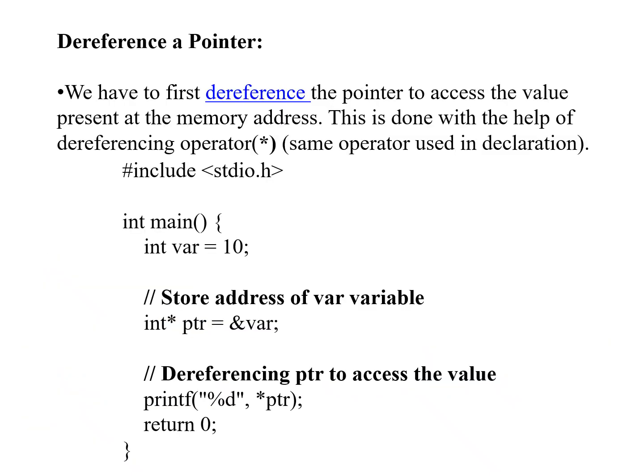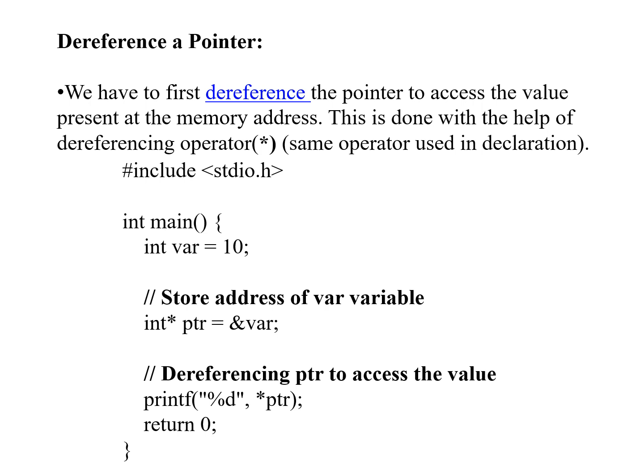And then, what is the dereference operator? We already discussed it. We use the dereference operator to access the value present at the memory address. This is done with the help of the dereferencing operator, the same asterisk used in declarations.